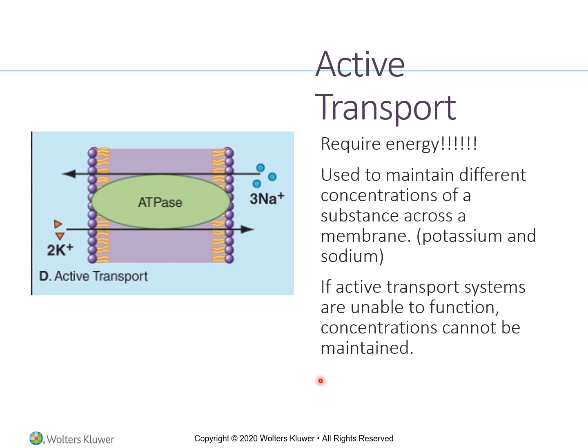If you remember back to osmosis, if we get this increase in the concentration of sodium inside the cell, now it's going to start to pull water towards it, and the cell can start to swell and die. So it's really important to maintain active transport, to maintain those appropriate concentration gradients, because if we do not, we can start to see damage and death to the cells. We're going to talk about that again and again, but it'll be important to understand that mechanism.